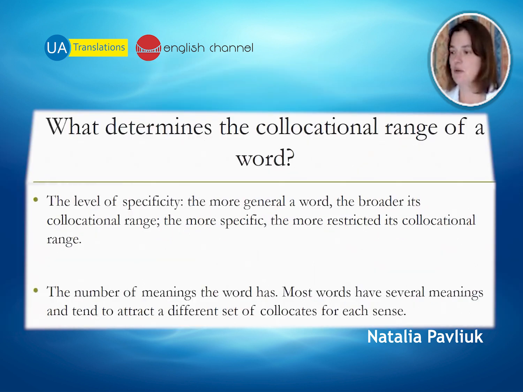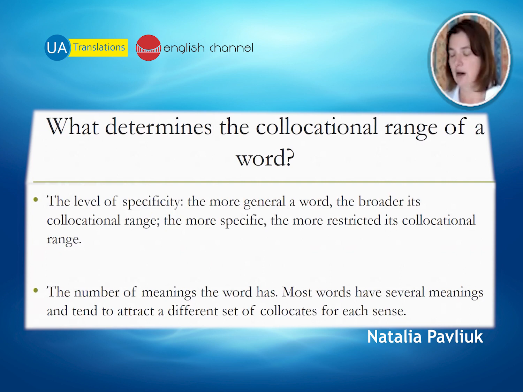So what determines the collocational range of a word? Again, what determines how many other words are used together with this or that word? First of all, the level of specificity. The more general a word, the broader its collocational range, and the more specific, the more restricted its collocational range. Like in the previous example, shrug has quite a specific meaning, and run is of broader meaning.